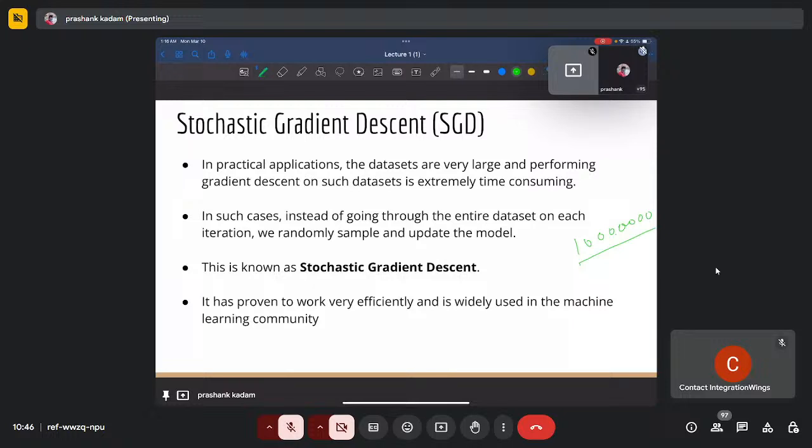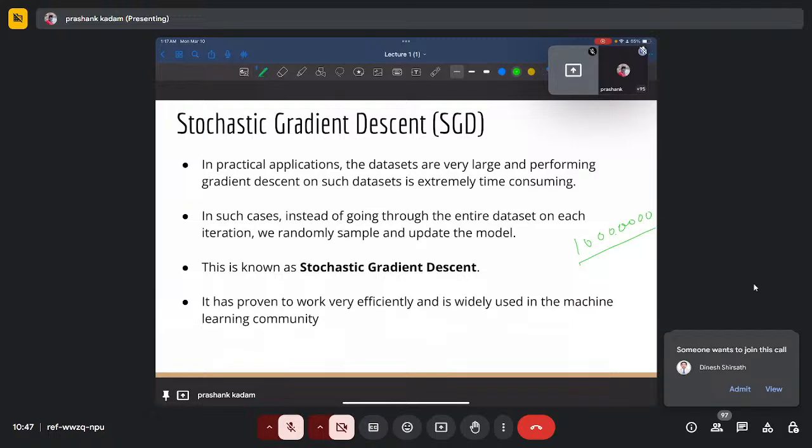So a generally followed technique is called stochastic gradient descent, where you are sampling data points randomly from your entire data set, and you are only performing gradient descent over those points. Then multiple random samples are taken, and the gradient descent is performed over each of those samples, and you eventually converge to a certain point, and that's your optimal value of parameters.